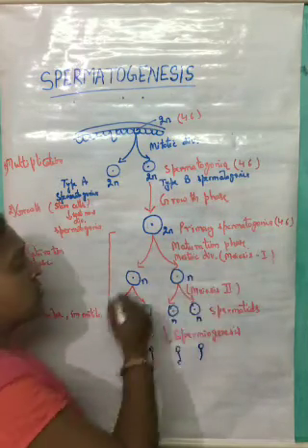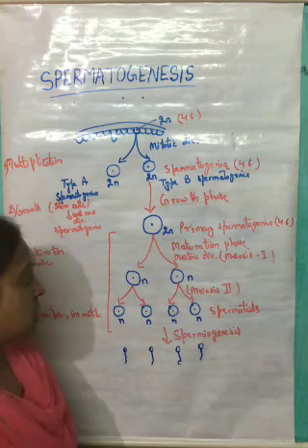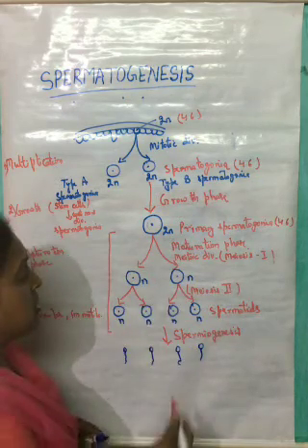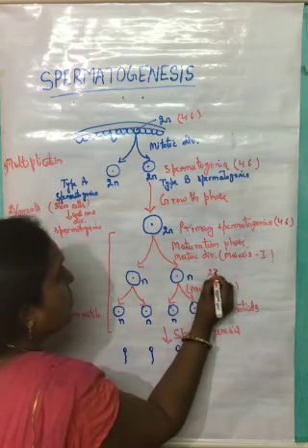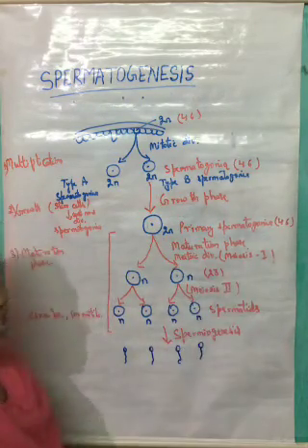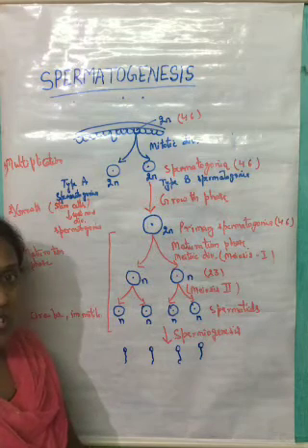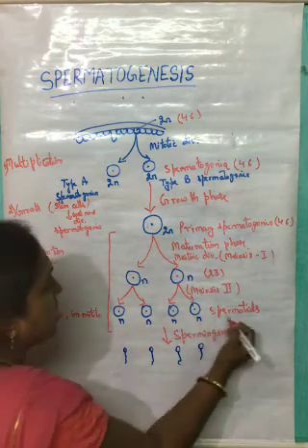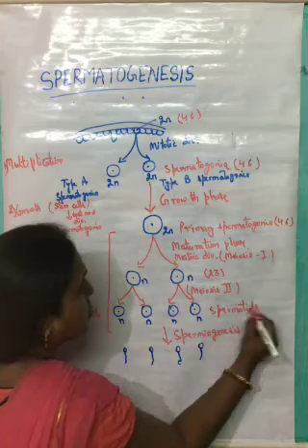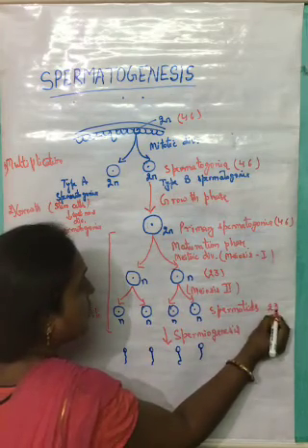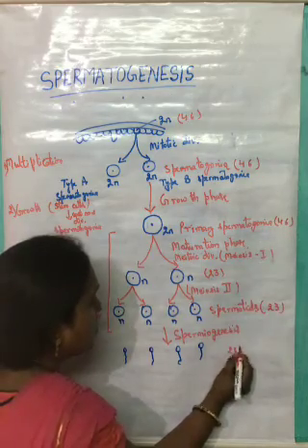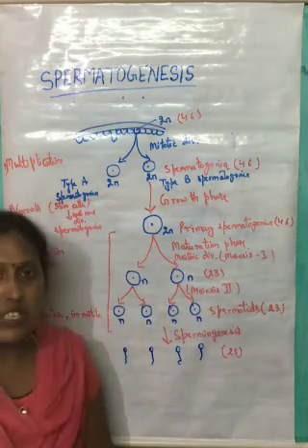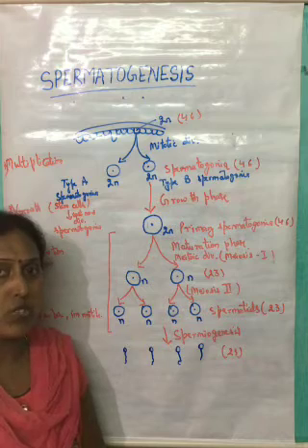But when it will undergo the reductional division, that is the meiotic division, it will lead to the formation of the haploid cell, and here the number of chromosomes is 23, 22 autosomes plus 1 sex chromosome. Here again in a spermatid, the number of chromosomes is n, that means 23, and here in spermatozoa also it is 23. So this is about spermatogenesis.